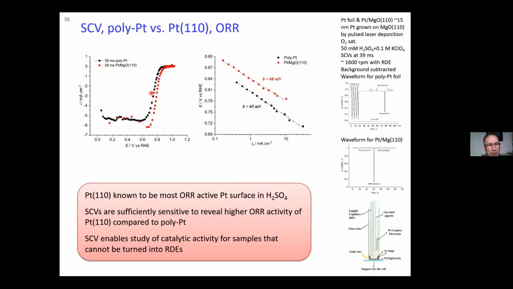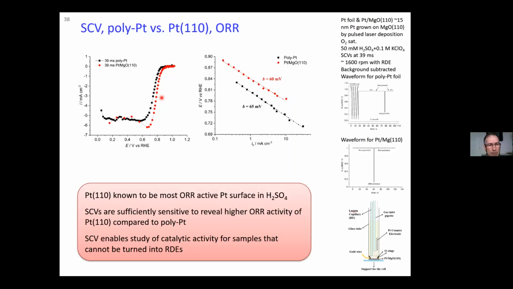In black, we have the sample current voltammogram for oxygen reduction on the polycrystalline platinum foil. And in red, we've got the sample current voltammogram for oxygen reduction on the platinum 110. There is about 10 to 20 nanometers of platinum on the MgO single crystal substrate.